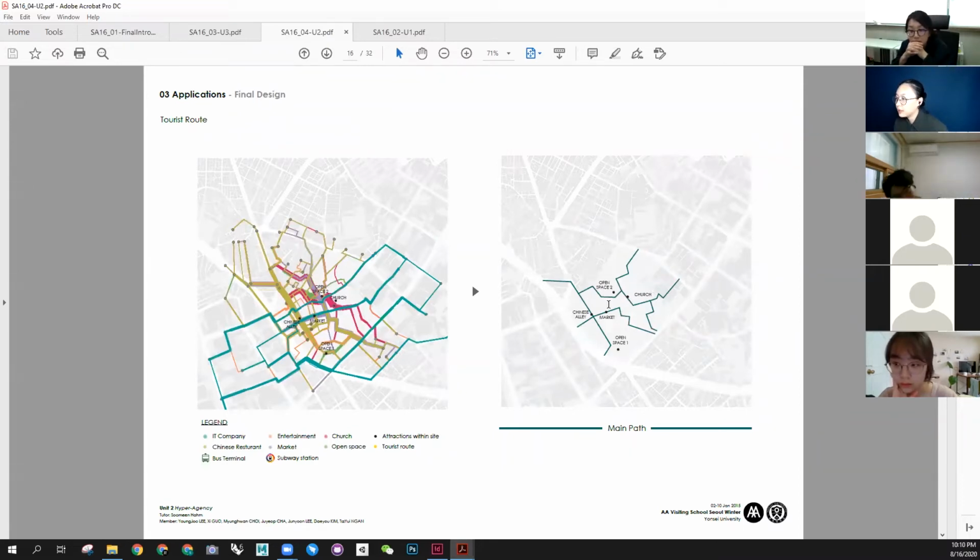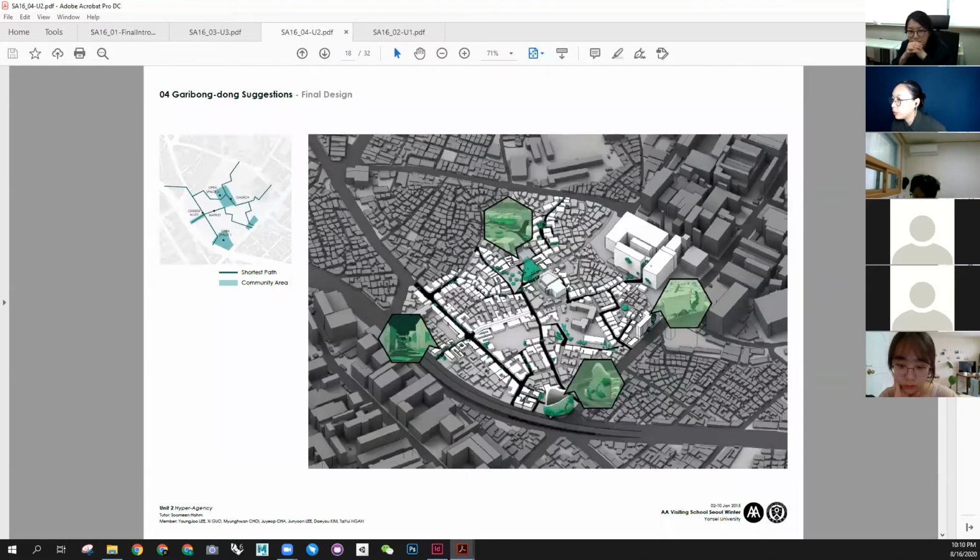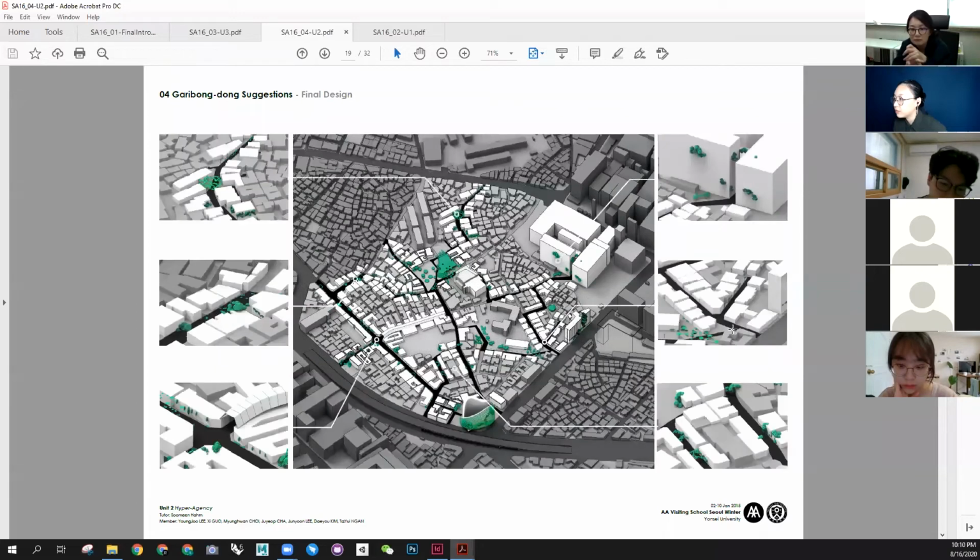So these are the ways of choosing which portion or which part of this area to insert different programmatic nodes. And then students went on to design specific nodes more precisely. So these gave four different key points to be translated.